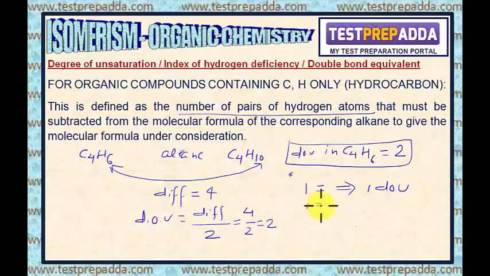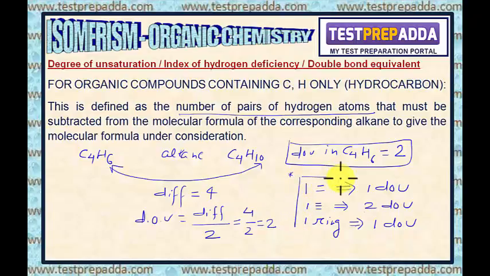One triple bond corresponds to 2 degrees of unsaturation, and one ring corresponds to 1 degree of unsaturation. One ring can be cyclopropane, cyclobutane, cyclopentane. So one ring corresponds to 1 degree of unsaturation.